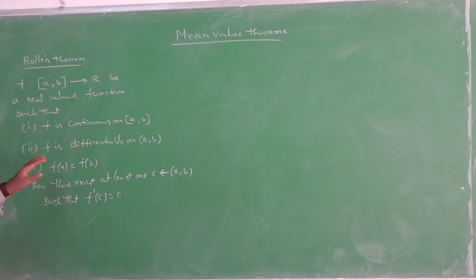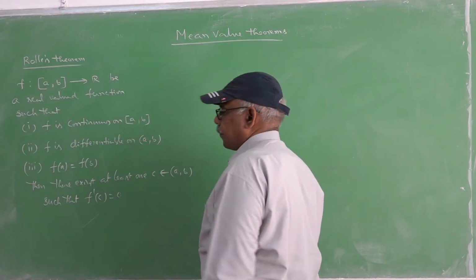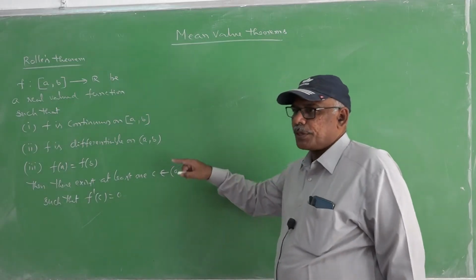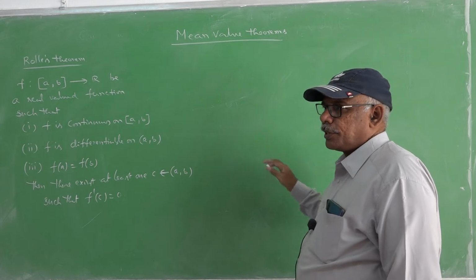You can give the interpretation of this Rolle's theorem geometrically. F is continuous means the graph of the function is continuous. There are no breaks and sudden falls in the graph of the function.